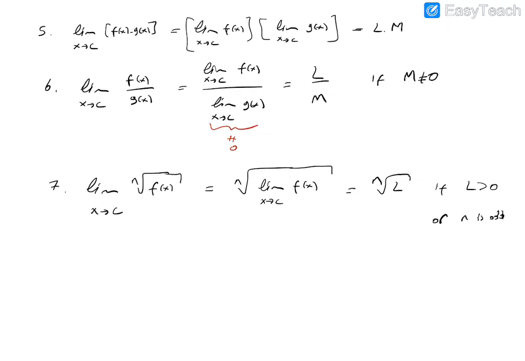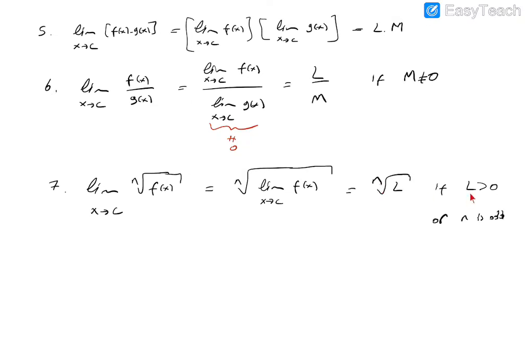So what is the meaning of this restriction? If L is positive, n can be any number, odd or even. There is no problem. If L is positive, there is no problem. If L is negative, n cannot be an even number.